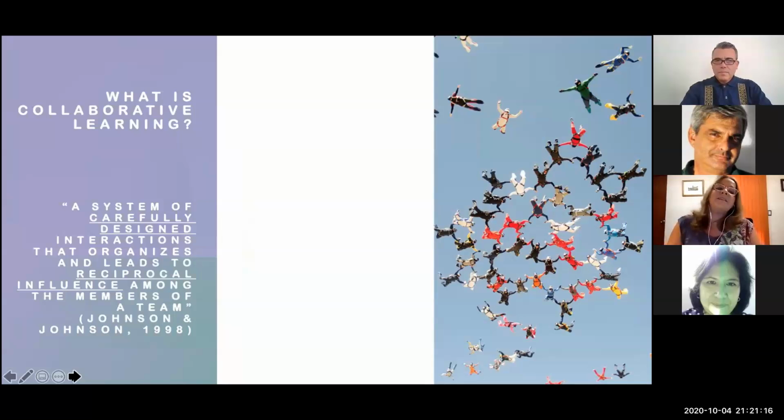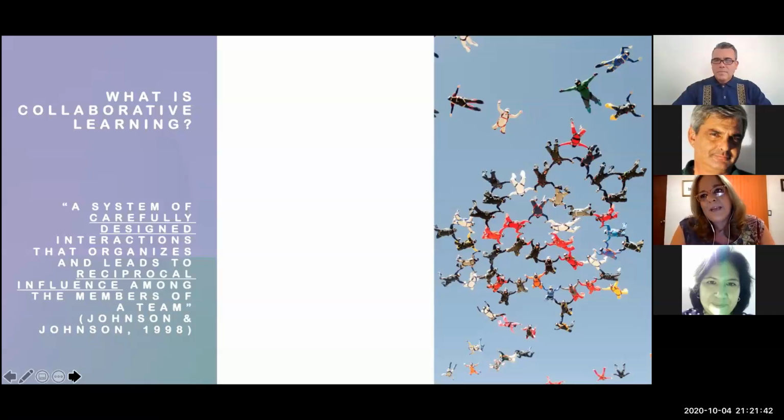Collaborative learning is a system of carefully designed interactions that organizes and leads to reciprocal influence among the members of a team. You can see that I have underlined a couple of phrases there: carefully designed and reciprocal influence, because I think these are key factors in the success of a collaborative activity.